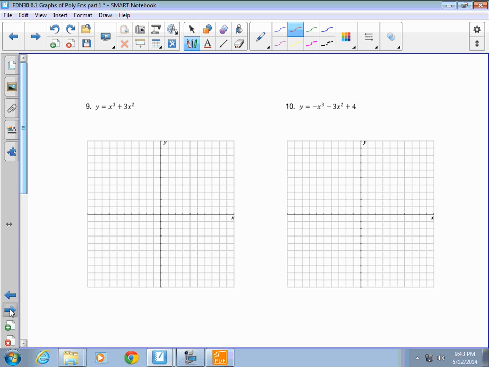I seem to have lost the graph for number 9. Oh, there we go. y is equal to x cubed plus 3x squared. So this one doesn't have, this is like plus 0x plus 0. So because it doesn't have those other values in there, it's going to cause your graph to have a little bit of a different shape.